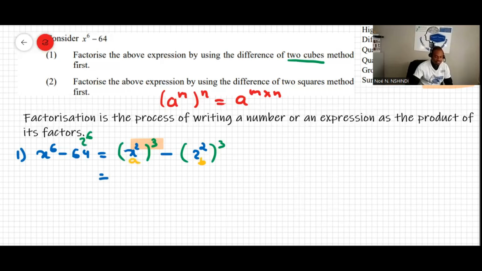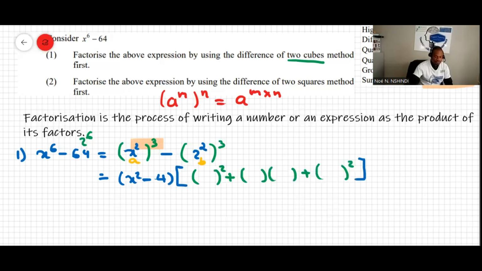So this will be equal to x squared minus 2 squared, which is 4, and then I'll open square brackets. There I'll put a squared plus a times b plus b squared, that's the formula.